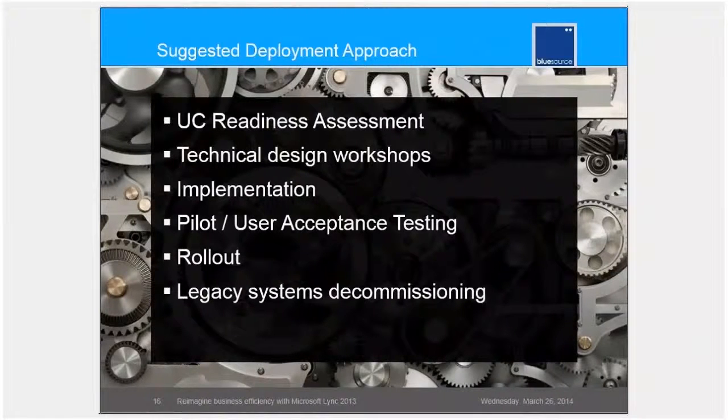Right off the bat, we'd do a UC readiness assessment. And this is a two-pronged attack. We'd look at the network, and we'd have one of our network specialists come in and take a look around the network, LAN, WAN, potentially firewall as well, and just see, does it do what you need it to do? Is it capable of running an IP-based unified comms solution?